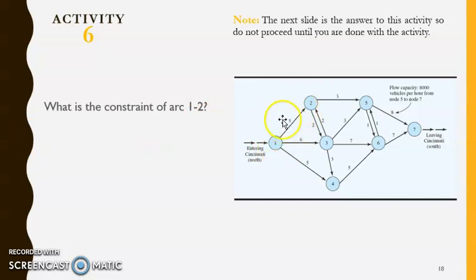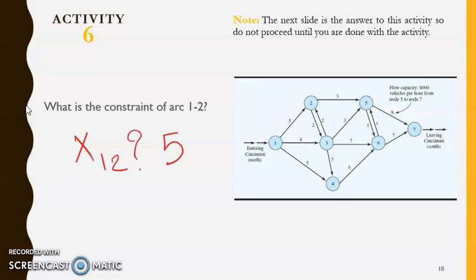It says the capacity of arc 1, 2 is 5,000 vehicles per hour. So when you want to write the constraint, you need to be careful that x12, the traffic load being put on arc 1, 2, must be what?